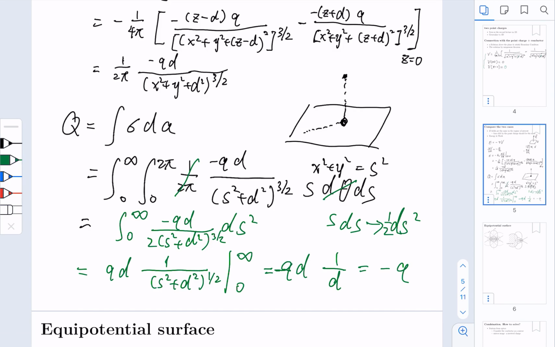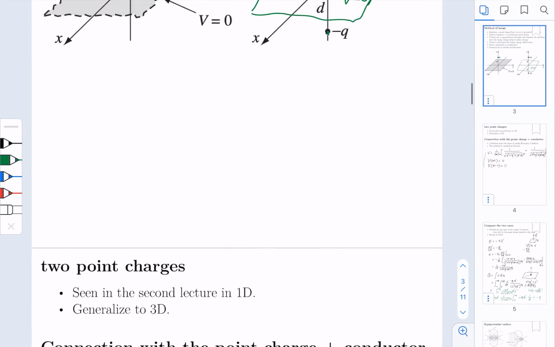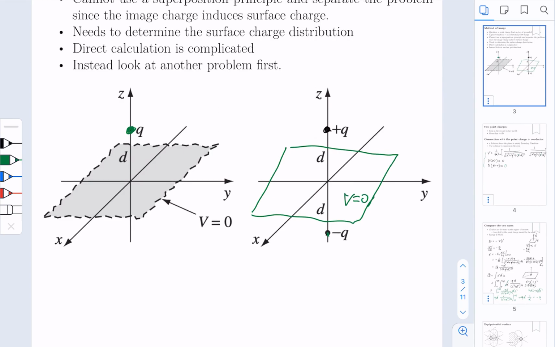So now you can see that the total induced charge on the surface of this plane is exactly minus q. So you can think that you try to do a Gauss integral enclosing the total surface. Then what's enclosed right below should be negative q, and that is actually the charge of this image charge. So without this conductor, if you do the same Gaussian surface integral, that also gives you negative q.